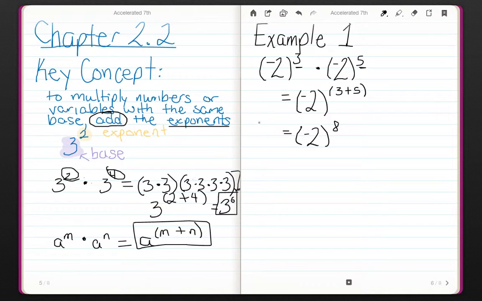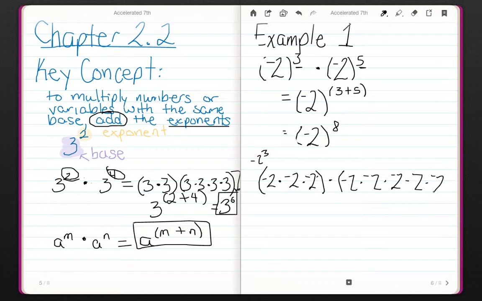Again, if I was to expand this out, negative 2 to the 3rd power is the same as saying negative 2 times negative 2 times negative 2, times negative 2 to the 5th, which is negative 2 times negative 2 times negative 2 times negative 2 times negative 2.